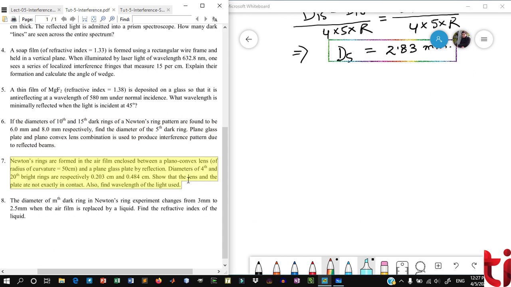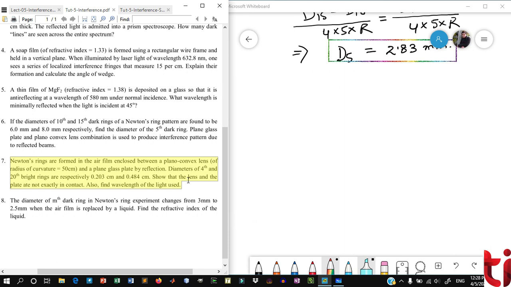Now the question number 7 reads, Newton's rings are formed in the air film enclosed between a plano-convex lens and a plain glass plate by reflection. Diameters of 4th and 20th bright rings are respectively 0.203 centimeter and 0.484 centimeter.